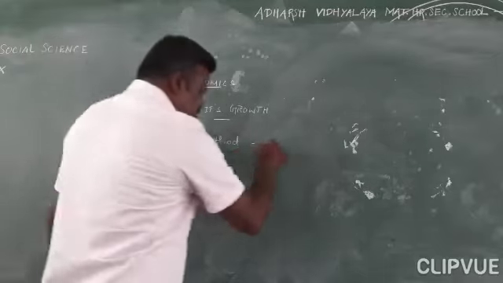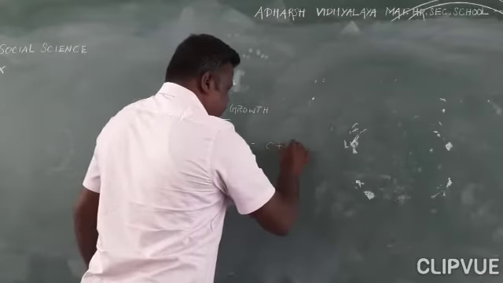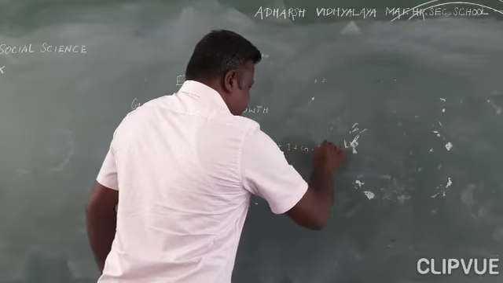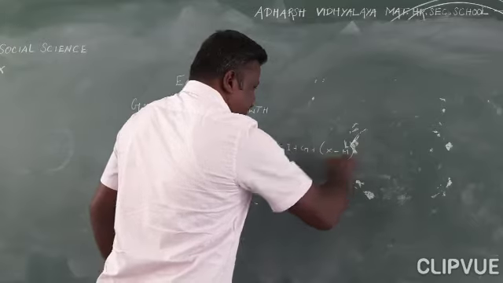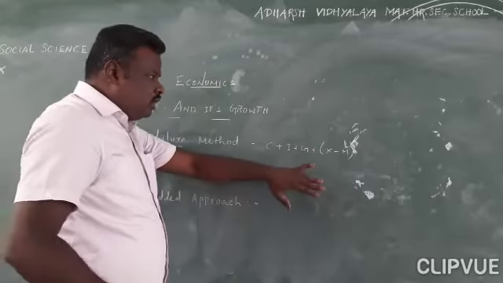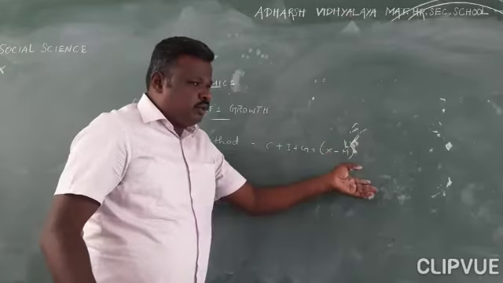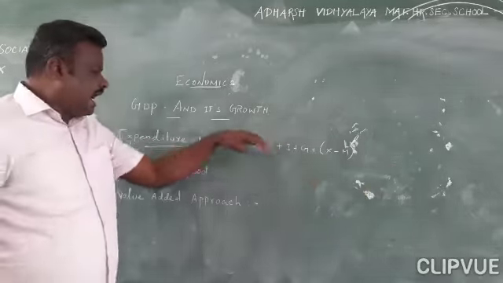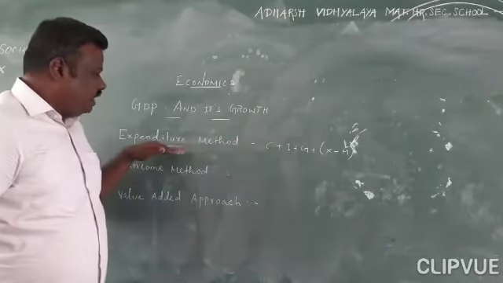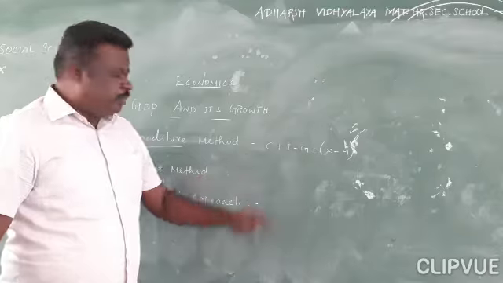Normally the same thing will apply here, C plus I plus G plus X minus M. So the consumption, investment, government expenditure, import and export, and the final value we added. So that's why it is called the expenditure method.